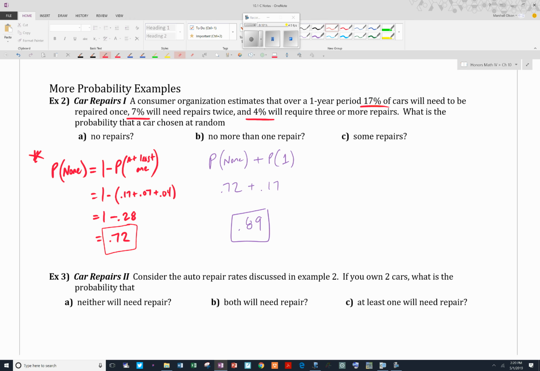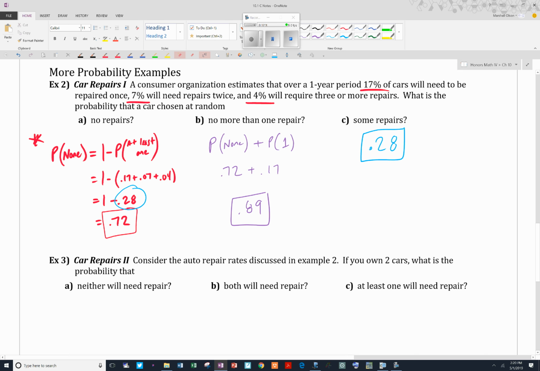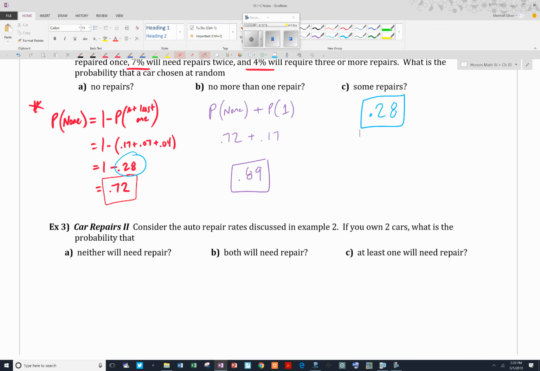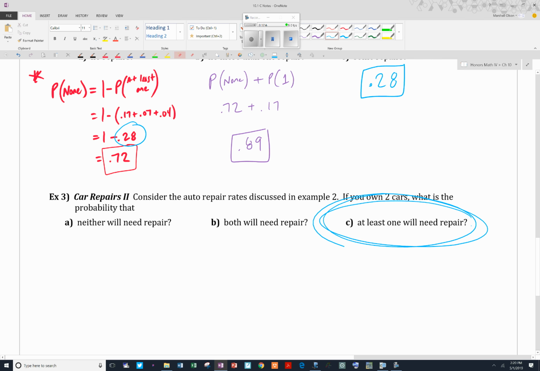All right. The probability of some repairs, we actually found that one already. That's the 0.28 that we have over there, right? And actually, saying the word some is the same as saying at least 1. So we're going to get into that concept down here again. Do you see where it says in this one, at least 1?